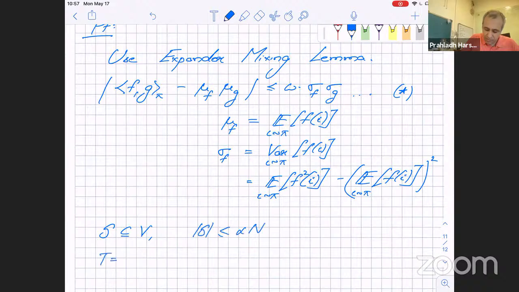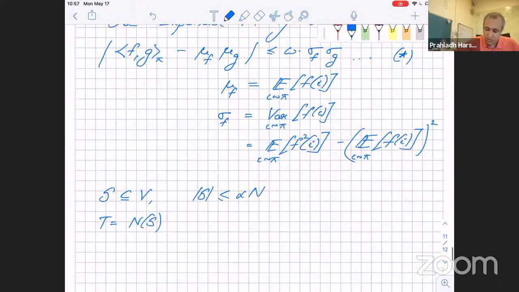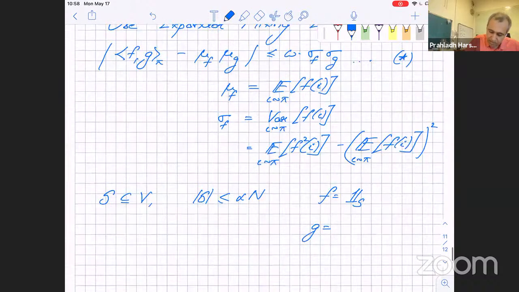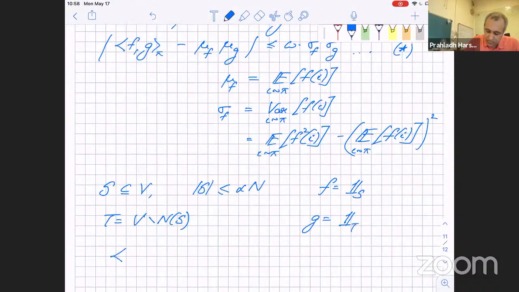And let T be the neighborhood of S. So I'm going to define F to be the indicator function of S, and G to be the indicator function of, actually, let me set P to be the vertex set minus the neighborhood of S, and G to be the indicator function of P. What is the expectation of F G in this case? Zero.